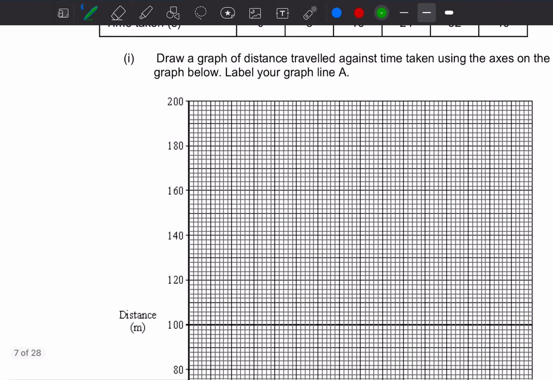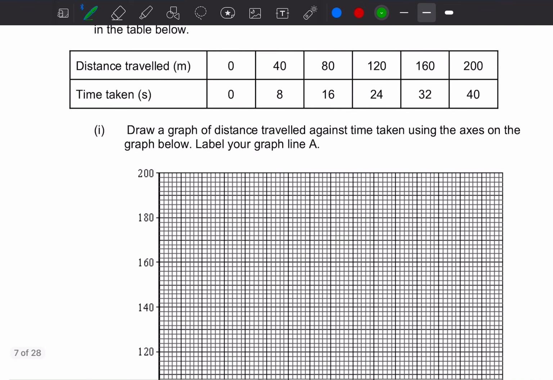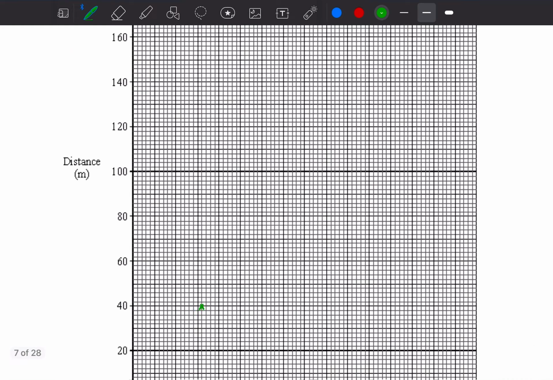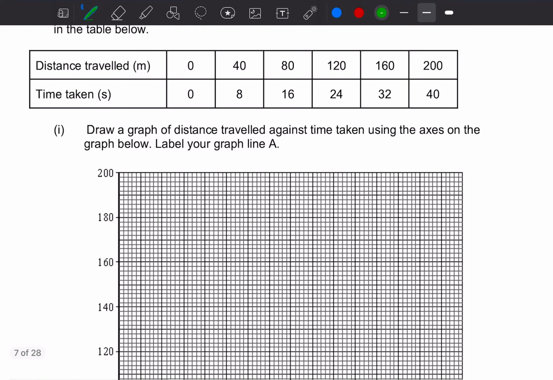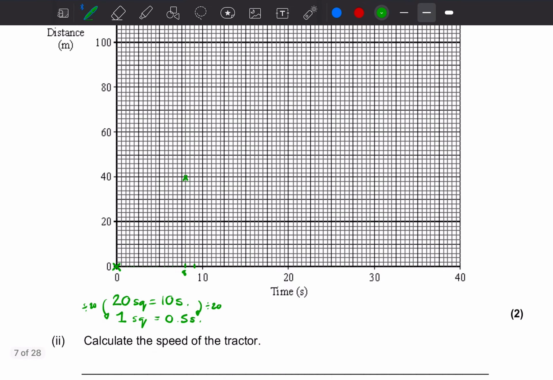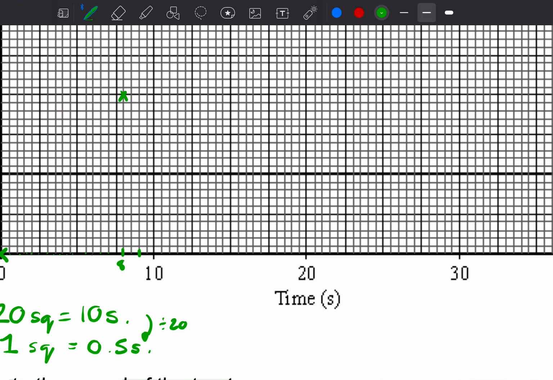The next one is 80 and 16. Okay, so we need 16 along here. So again, each square it's two squares. So that'll be 11, 12, 13, 14, 15, 16 should be there, just check. 16, 17, 18, 19, 20, yeah, that works.